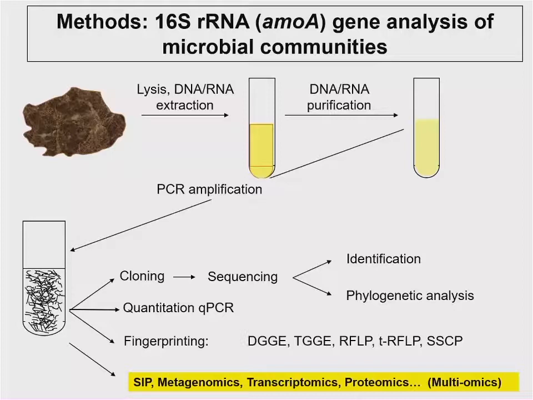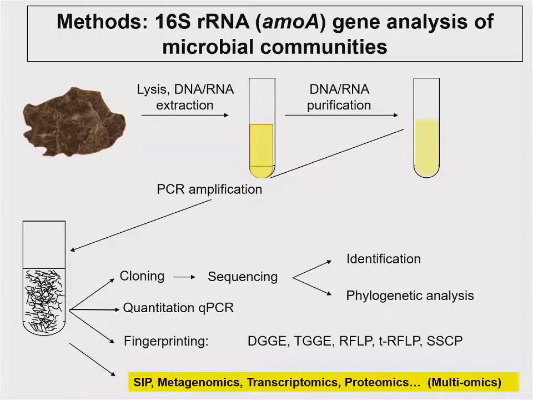We need to crush the bacterial or microbial cells, and then we use a chemical method to isolate the DNA from the matrix. When I did my PhD previously, we didn't have extraction kits. Now it is very easy to use a soil DNA extraction kit. So we use chemicals to isolate the microbial DNA from the soil system.